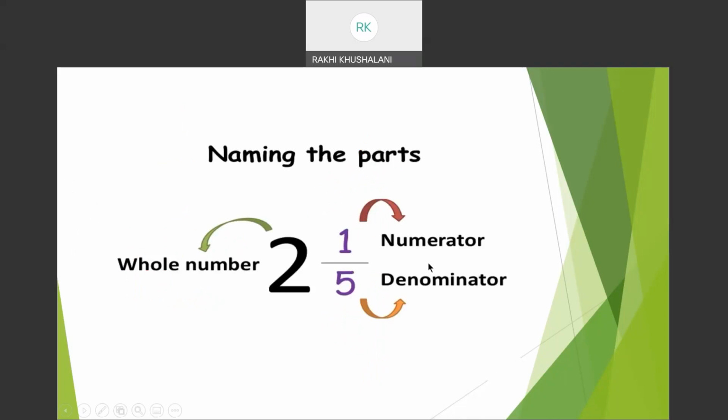Naming the parts. As I told you, the remainder takes the numerator position. The denominator holds its position, and the whole number is actually the quotient that you received.